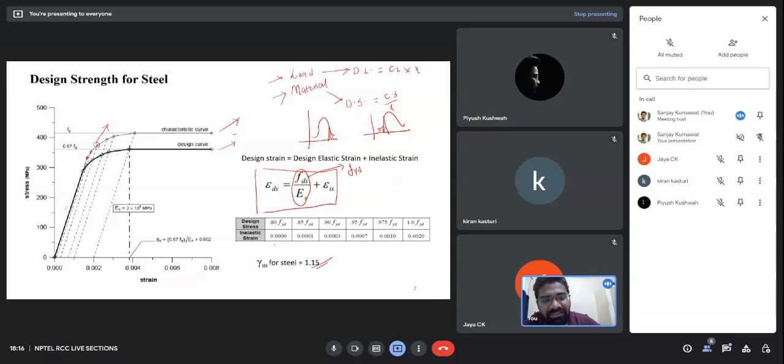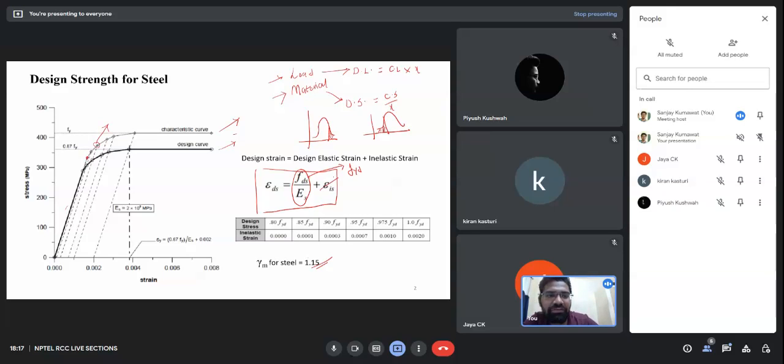So whatever elastic strain corresponds to this stress value, any stress which is less than this value belongs to this elastic zone. The strain in this elastic zone can be found directly from the slope of this graph or by this formula.